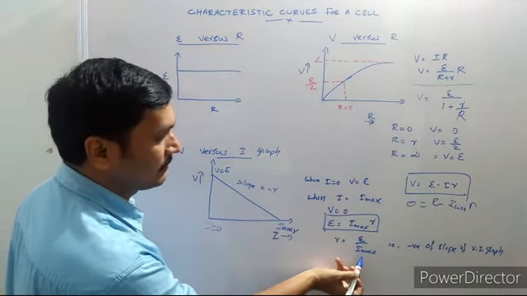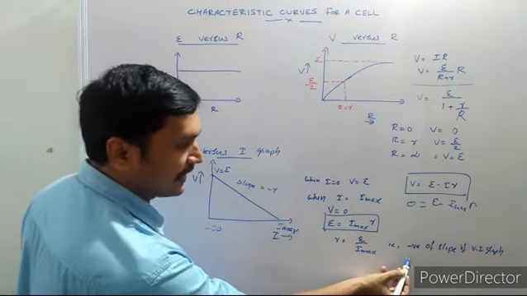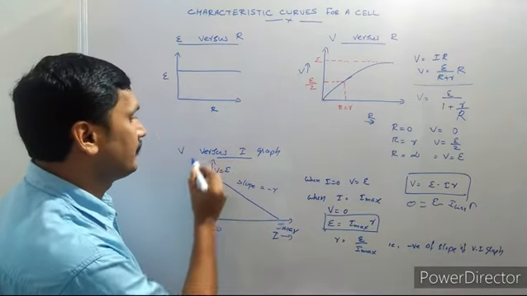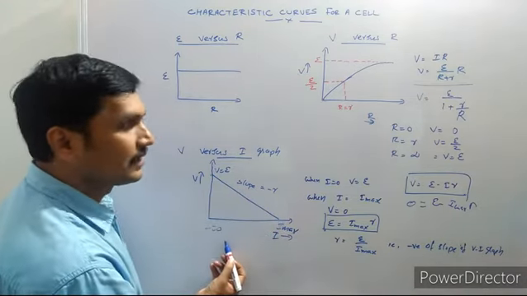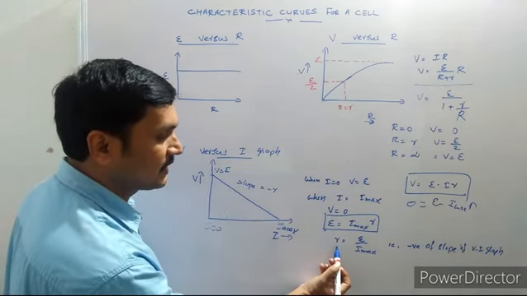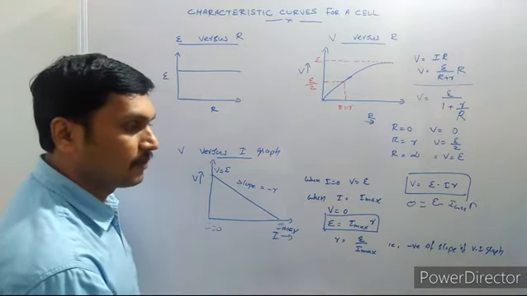Actually, this is the negative of the slope of the VI graph. So when you get a VI graph for a cell, the VI characteristics of a cell, we can find the internal resistance of the cell by finding the negative of the slope of the VI graph.